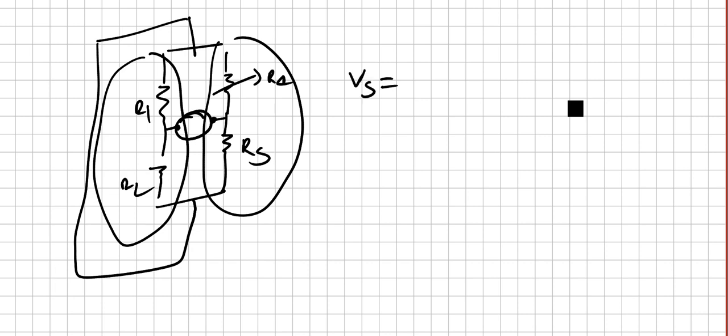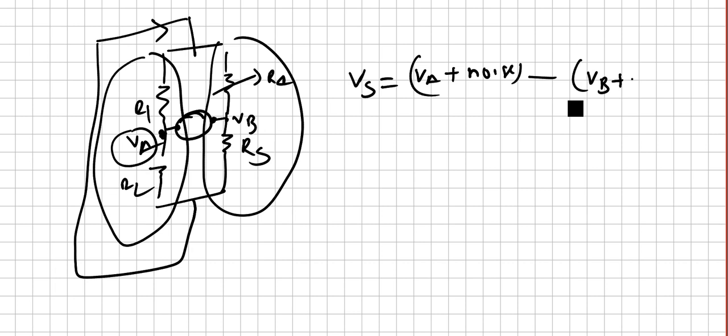It is the difference between the voltages Va and Vb. So if there is any noise through the source, we have Va plus some noise minus Vb plus some noise. This is the actual component, this is the noise component.